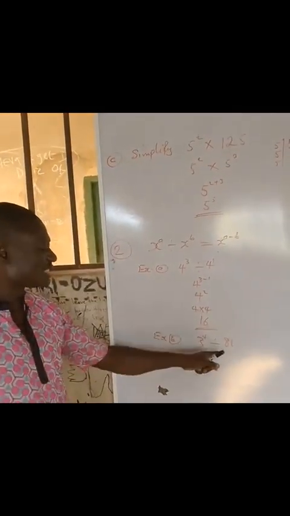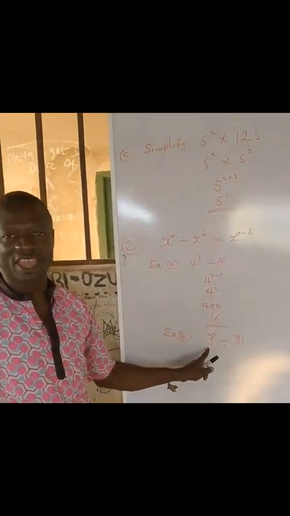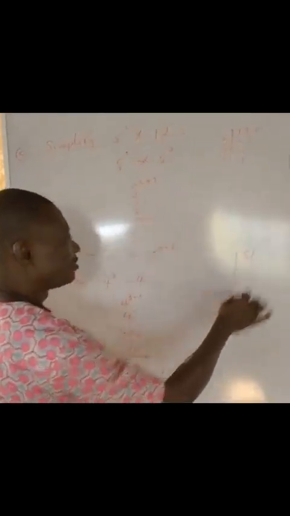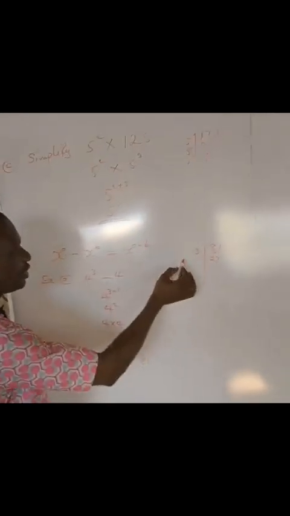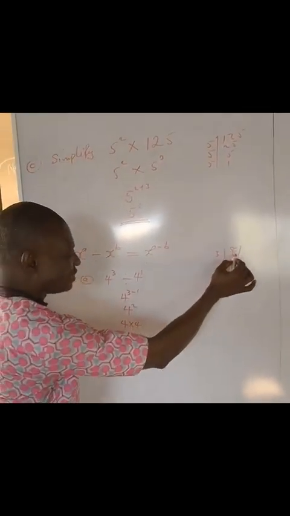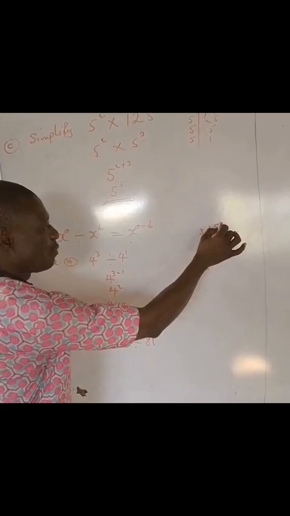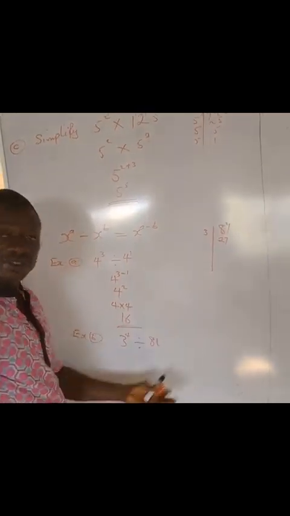We try to make sure that 81 as a number has the same base that we have here. And so we are going to divide 81 by 3 to give you 27. This is very fast, isn't it? Let us just say 3 divide 8 will give you 2. What is the remainder? The remainder is 2. We'll put that 2, it is 21. 3 divide 21 will give you 7. And so that is 27.